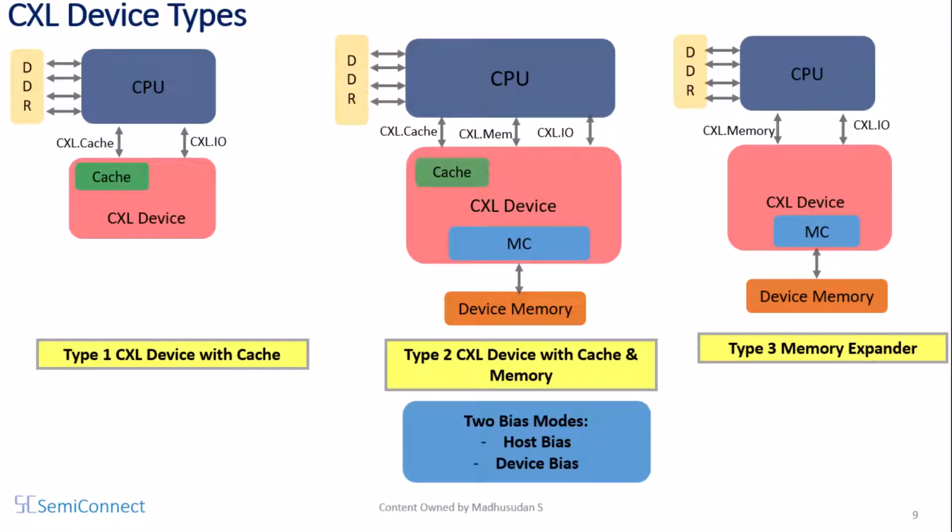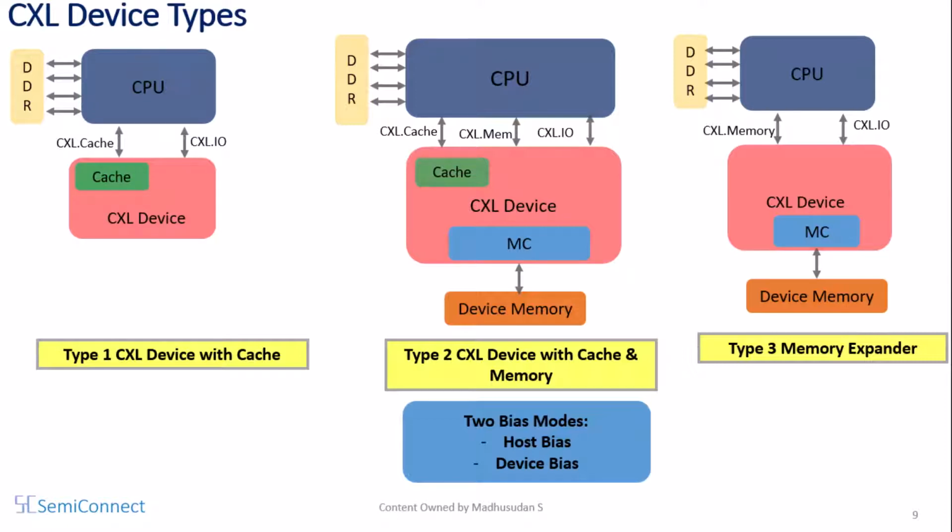Then the CXL standard also defines different types of CXL devices. One is called type 1, then there is a type 2 CXL device and a type 3 CXL device. Let's understand what each of these types means. For the type 1 CXL device, you have to implement CXL.cache and CXL.io.